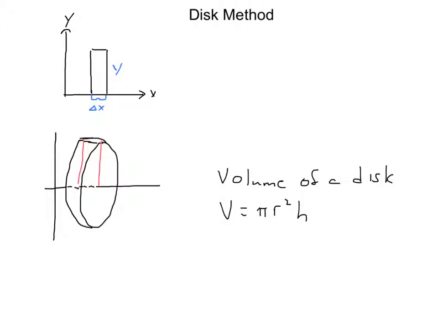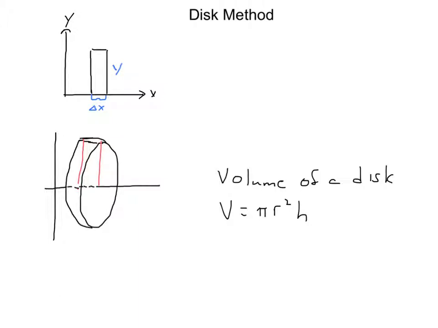The volume of any disk is found by the area of the base, which in this case is a circle, so pi r squared, times the height. In this case, the height is delta x.